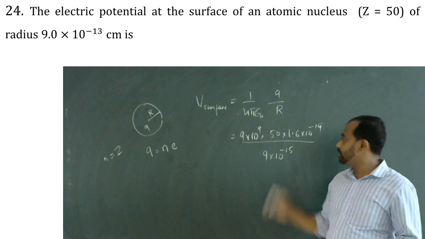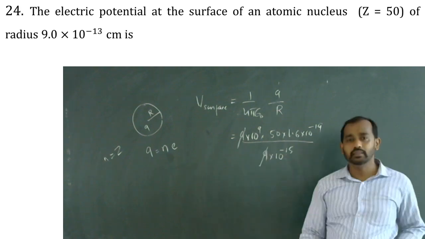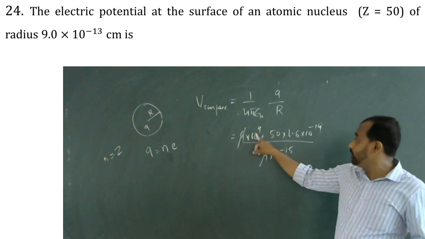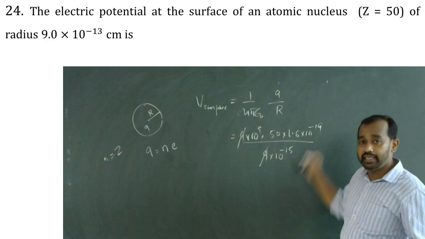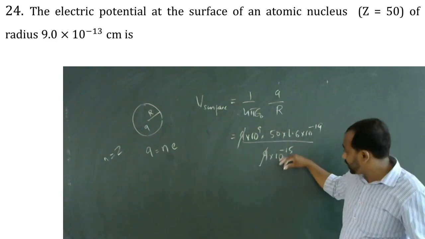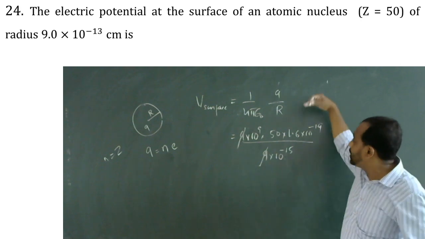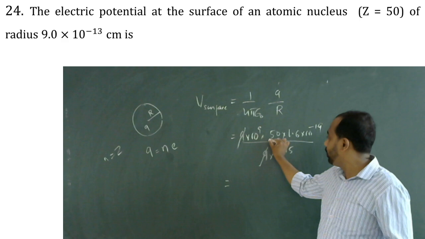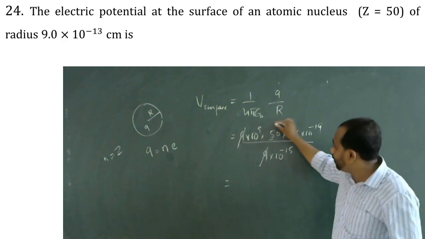Then, substituting that, this 9 and 9 will get cancelled. 10 raised to plus 9, 10 raised to minus 19. There is again 5 into 10. This 10 raised to minus 15, when it goes to the numerator, becomes plus 15. Therefore, the remaining term will be equal to 5. Instead of writing 50, I will write it as 5 into 10.